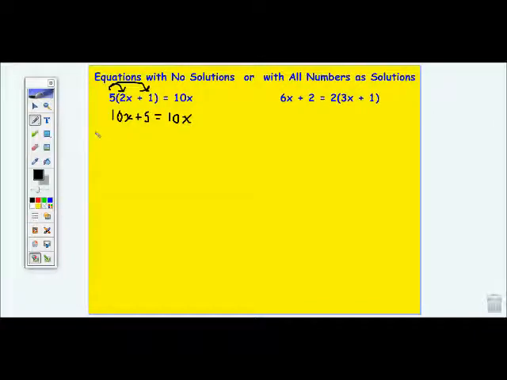Now I can stop right there because I have the same variable, even with the coefficient, 10x. So, can the same thing be equal to each other if on one side we add 5, and the other side we don't add anything? No. So right now I know that this cannot be solved. It's a no solution.